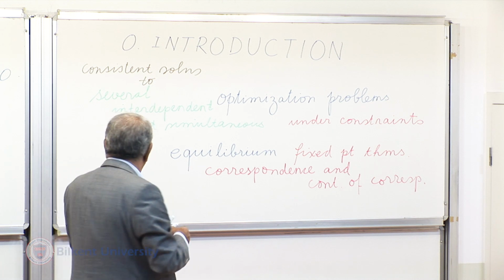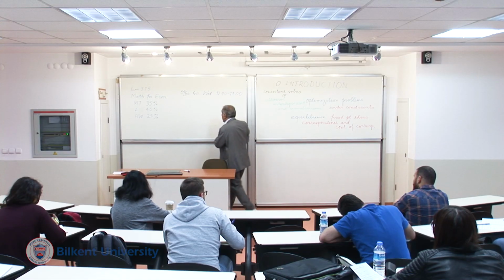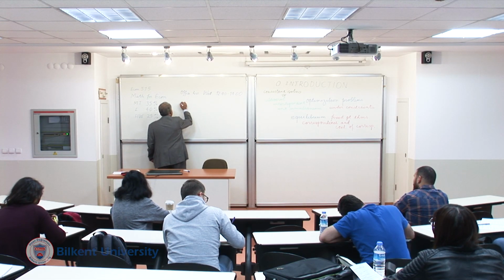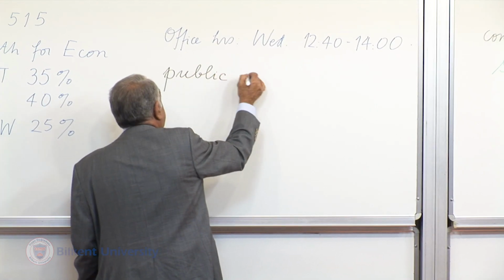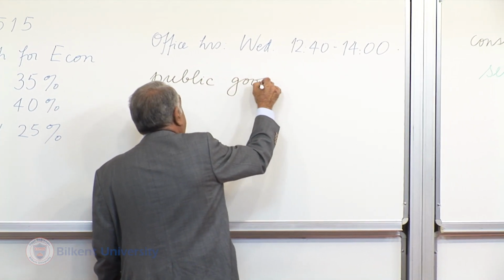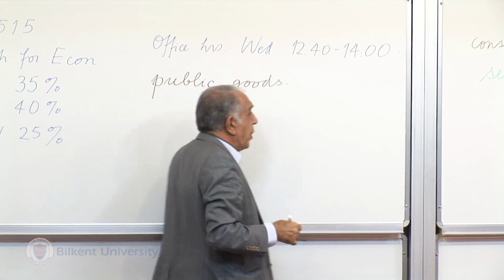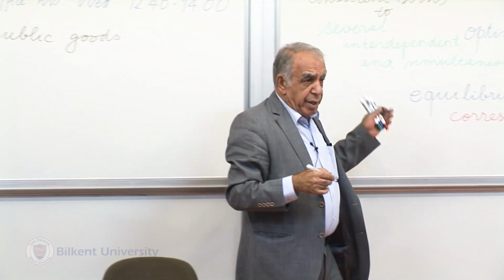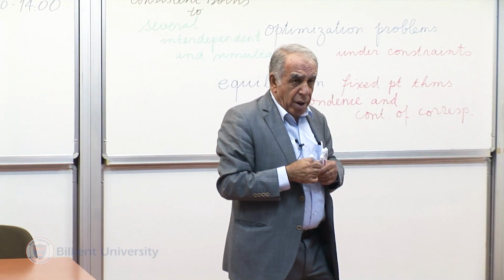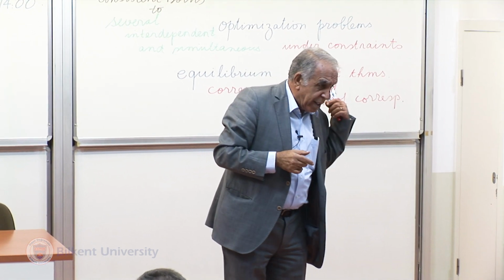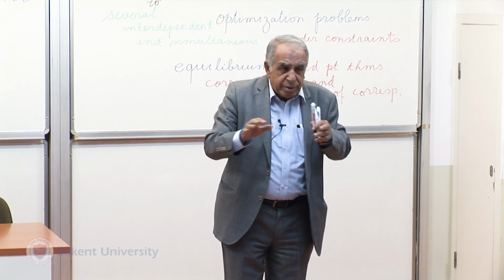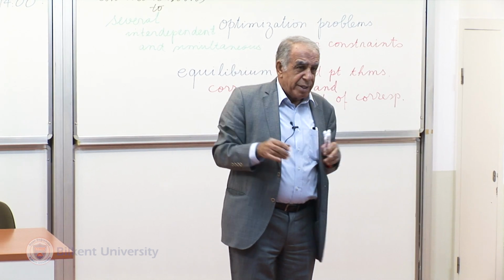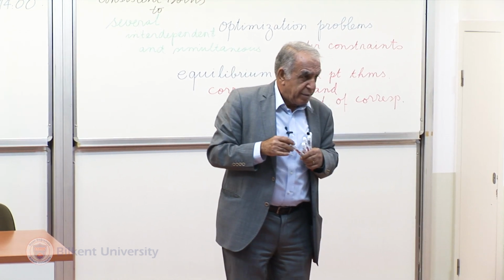But you also have public goods. Well, with private goods, the price is the same to all, but the quantities consumed differ. They differ about what the individuals separately wish to have.